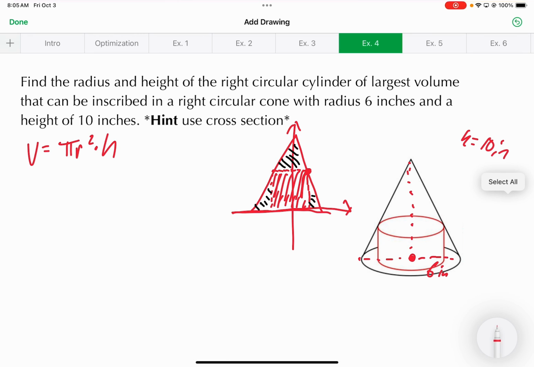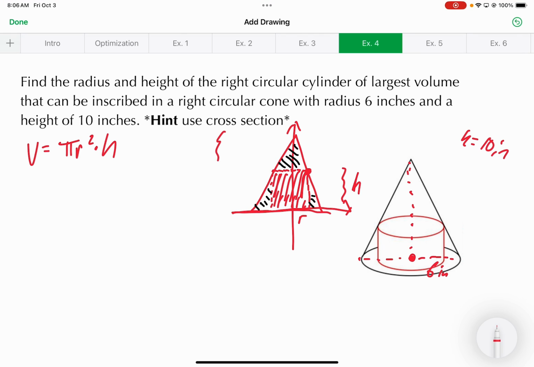Okay. All right. So then I want to start putting some of my values in there so I can try to figure out what my radius is going to be and what my height is going to be. I need to know what my radius is, and ideally I need to know what the height of that is as well, or at least come up with some way that I can relate those values together. Now, I know that the height of my cone is 10 inches.